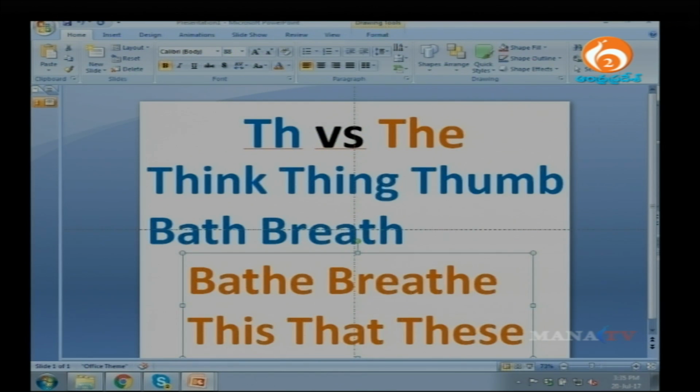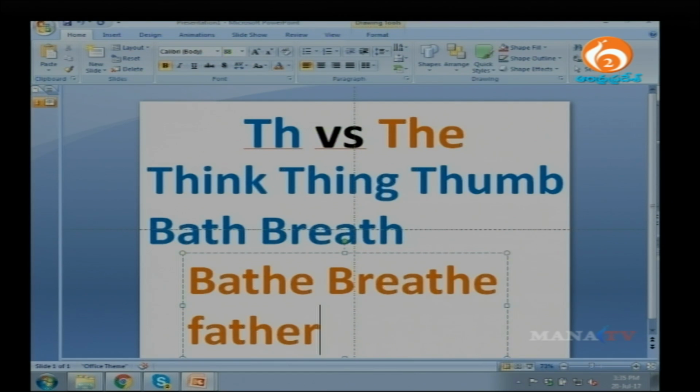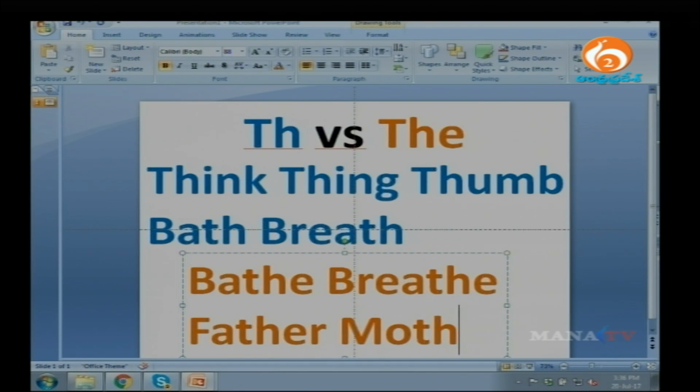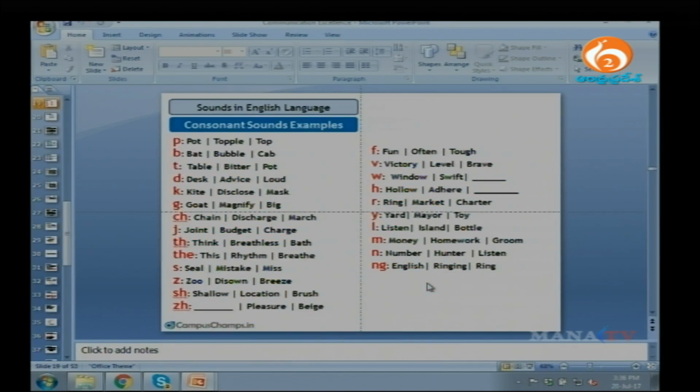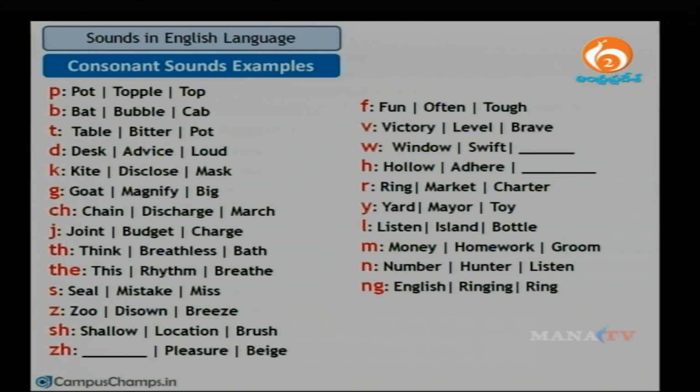Or for example, father, mother, brother. These are all the other th sound. All right, so that's the th and the th.